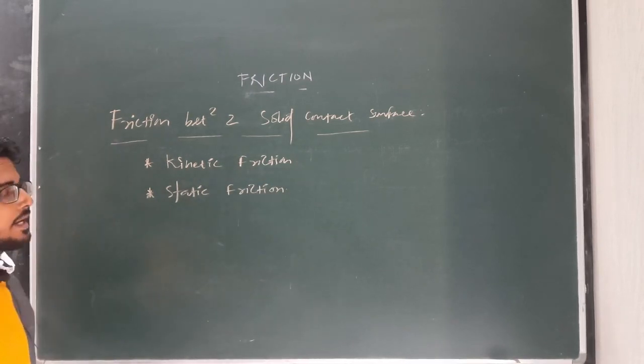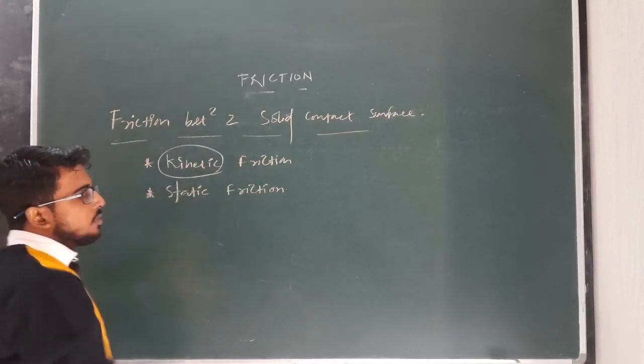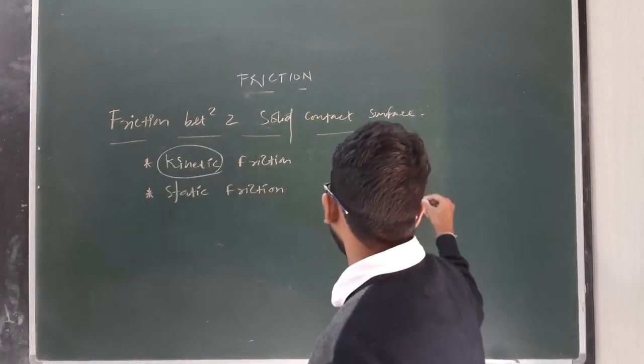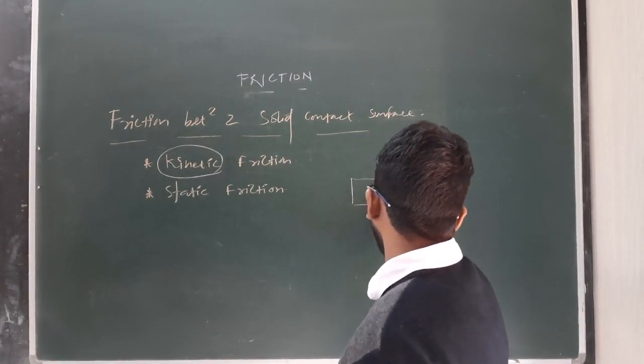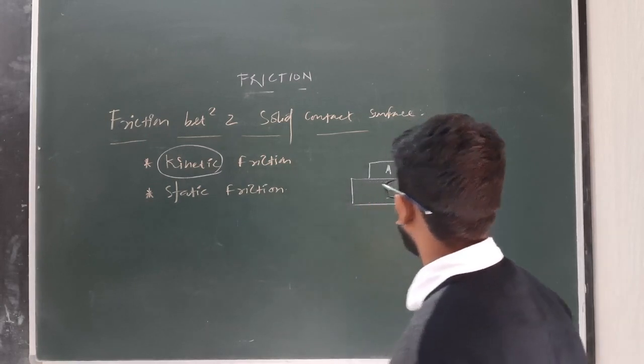Okay. So what is kinetic friction? The word kinetic means what? When there is any kind of motion. So when two surfaces are in contact, for example, this is a block named B and this is another block named A. Okay.